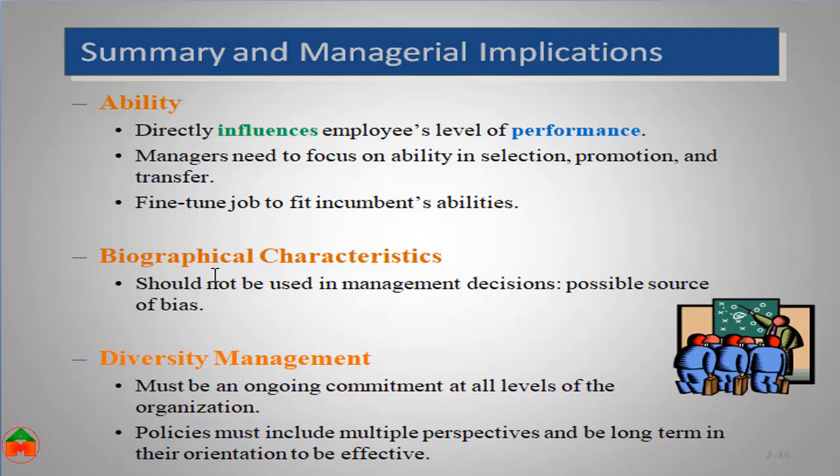In the case of biographical characteristics, managers should take initiatives to avoid discrimination due to biographical characteristics by taking effective measures. For ensuring diversity management, there must be an ongoing commitment at all levels of the organization. There should be policies that include multiple perspectives, and the policies should be long term in their orientation to be effective.